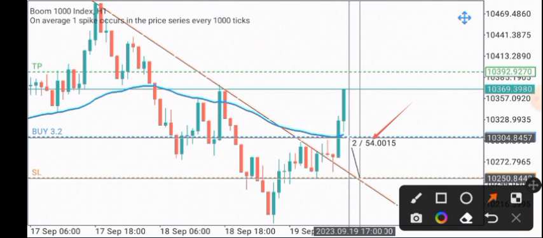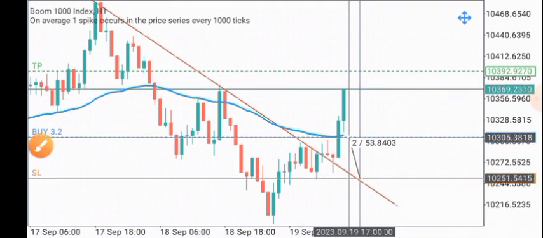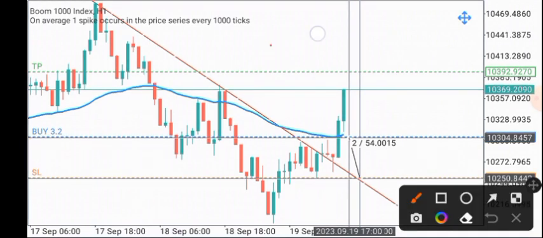That means if I'm using one lot size, I am risking 54. It is 54 pips.